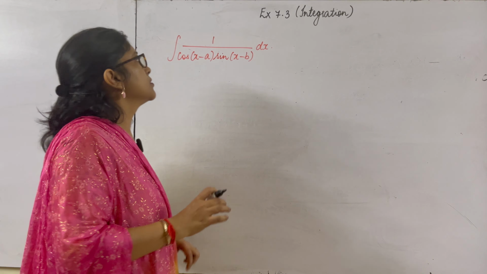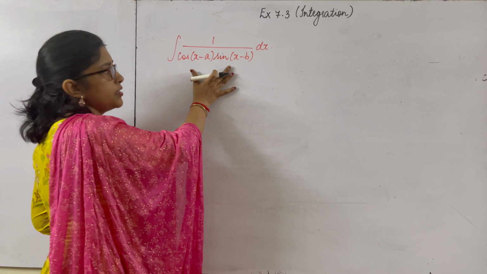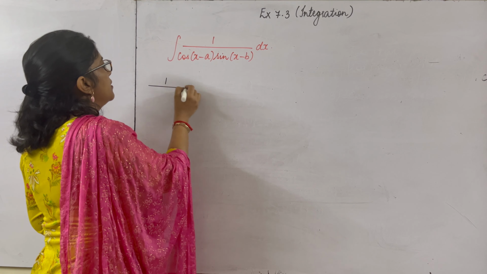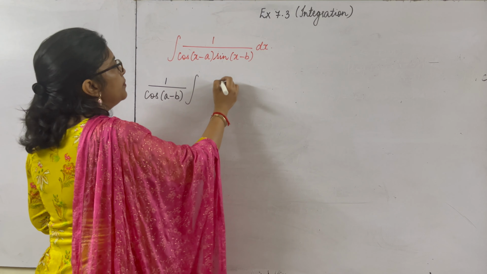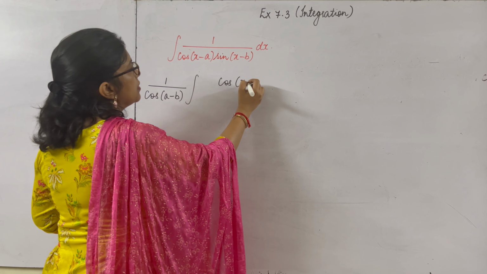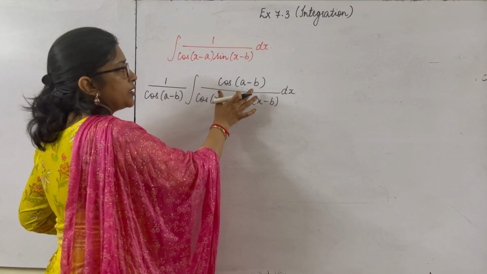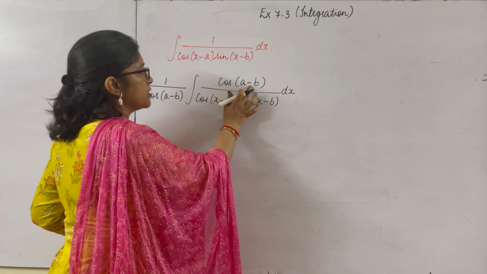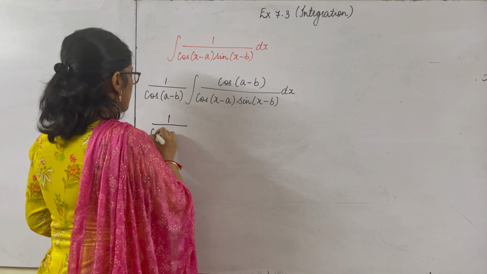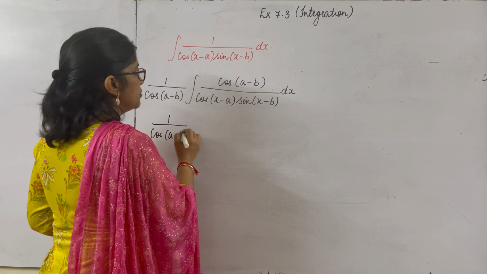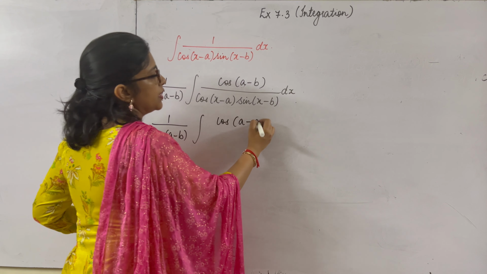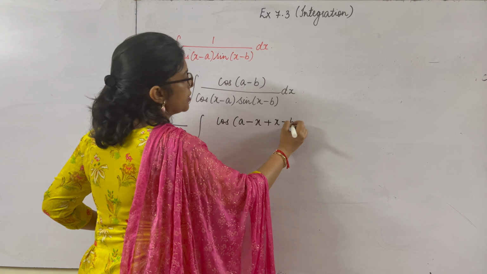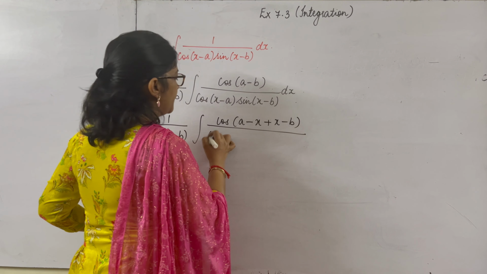Now, since the function is different, we will divide with cos a minus b and multiply with cos a minus b. Now we need to adjust this term. So we are going to add and subtract. First I have subtracted, then I will add x.